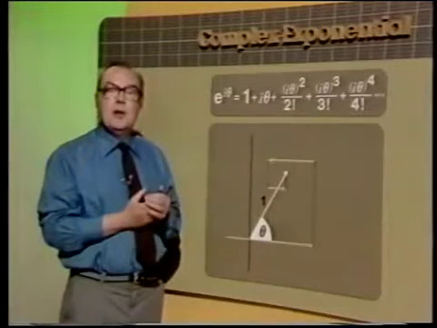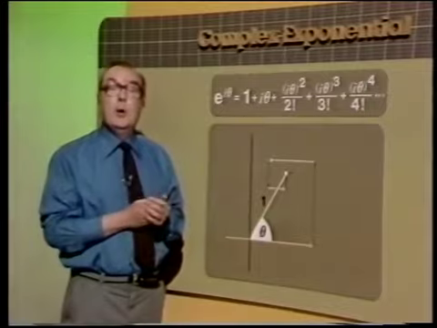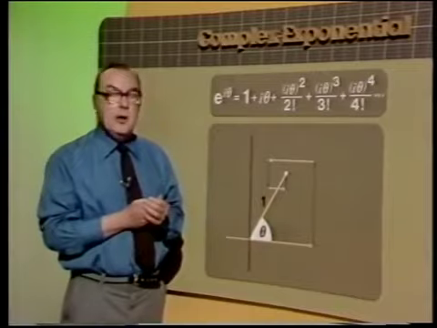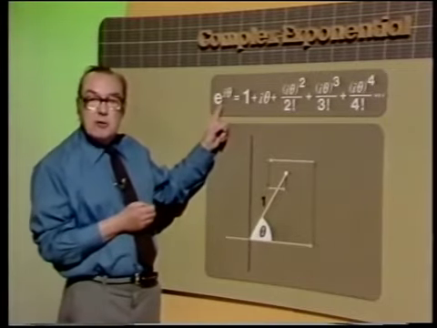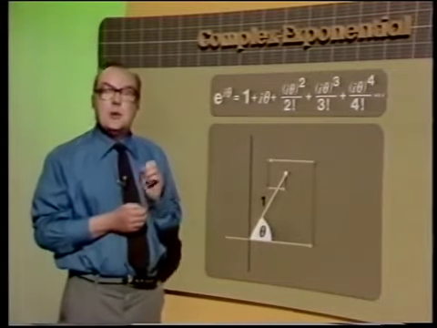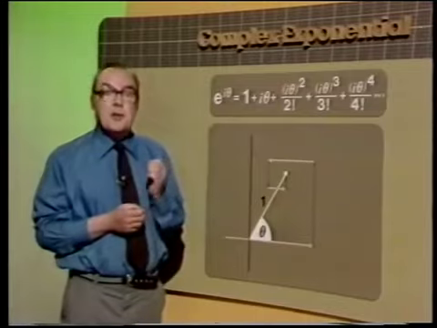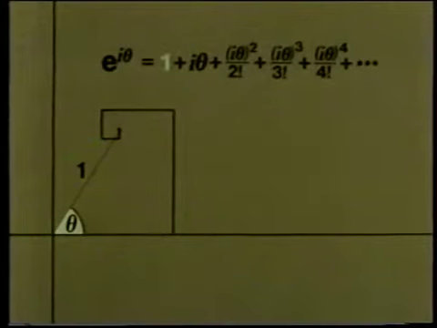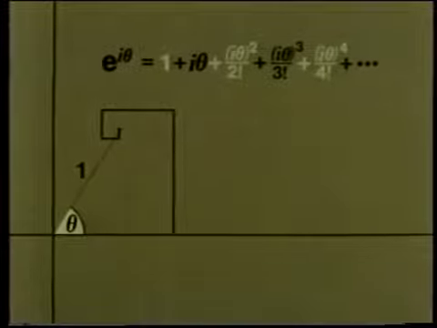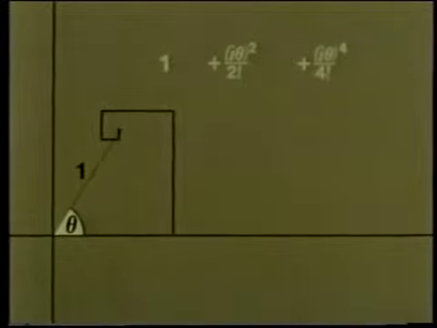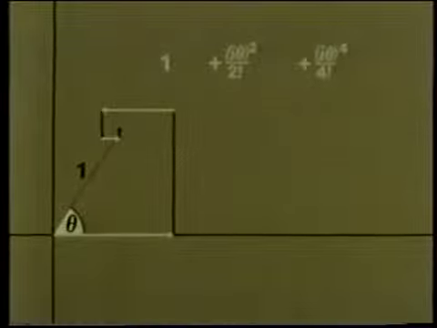But there's another way of arriving at these coordinates, an algebraic way, which you can investigate afterwards. And it uses the series for e to the I theta, and the clue is to examine the real and the imaginary parts separately. The real terms of the series correspond to the horizontal distances.